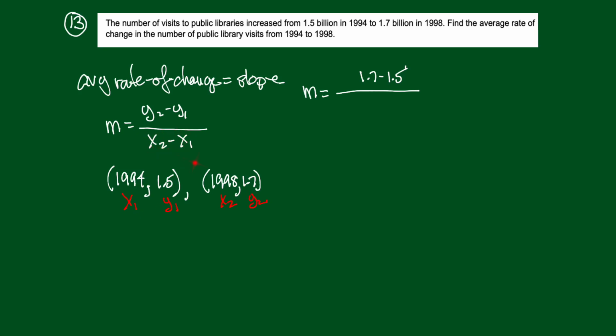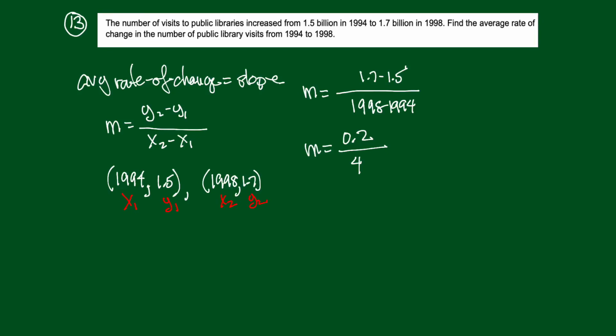The second x, 1998, minus the first x, 1994. This will give us, the slope is, now 1.7 minus 1.5, that's 0.2. And 98 to 94, that's just 4 years.